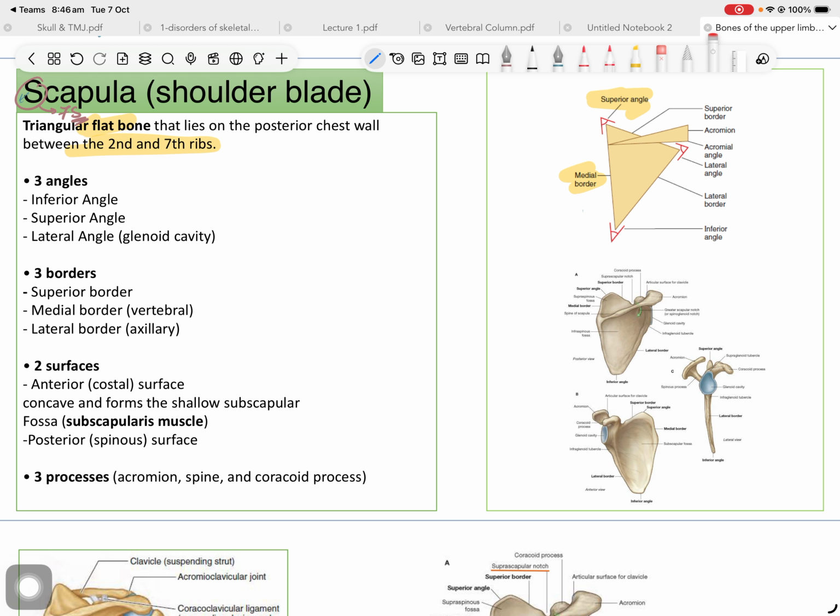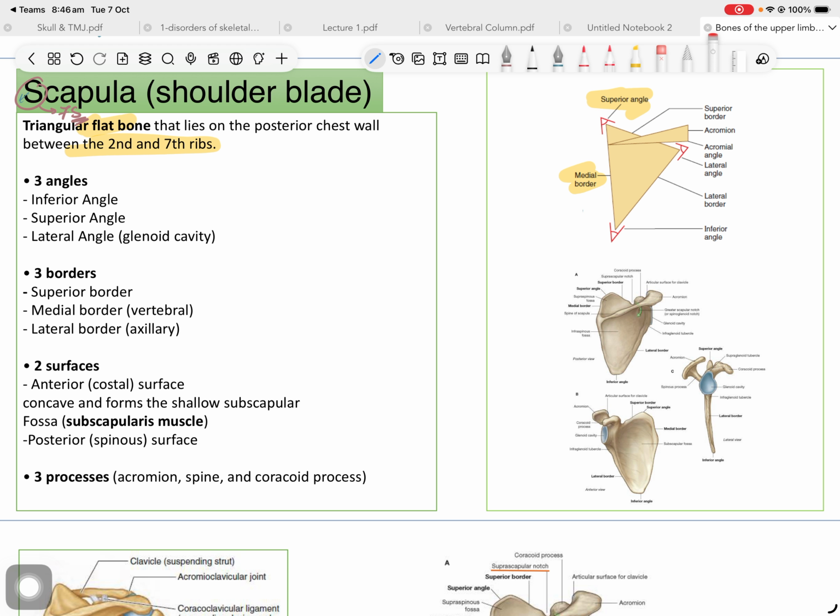What about the borders here? I have first the superior border, which is between the superior angle and the lateral angle. I have the medial border between the superior angle and the inferior angle.